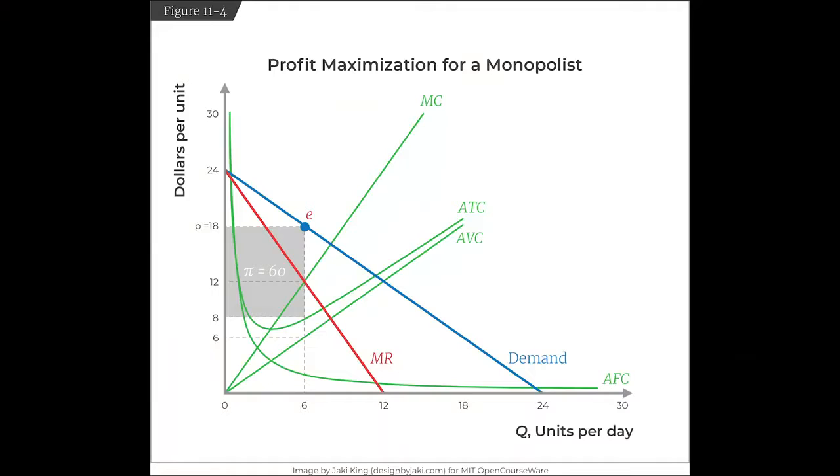Even if profits are negative, you're still going to have to check if price is greater than average variable cost. Now here, at 6 units, the average variable cost is 6. You see the dashed line. If we sell 6 units, the average variable cost is 6. So clearly price is greater than the average variable cost. You wouldn't shut down. You're making positive profits, in fact. You're making profits of 60. So you wouldn't shut down, but you always do have to check the shutdown rule.